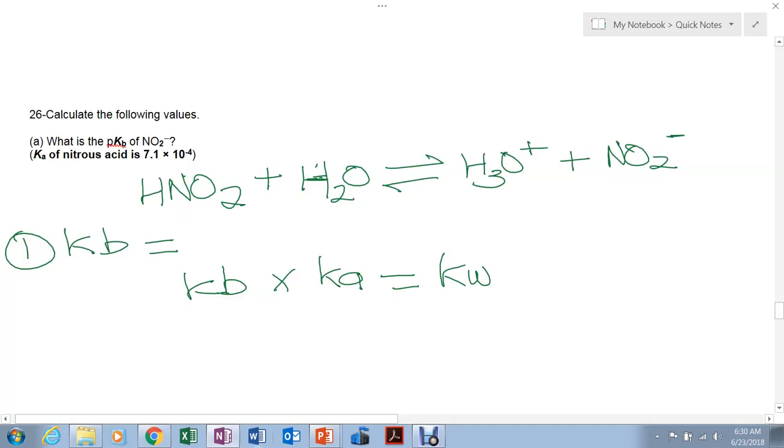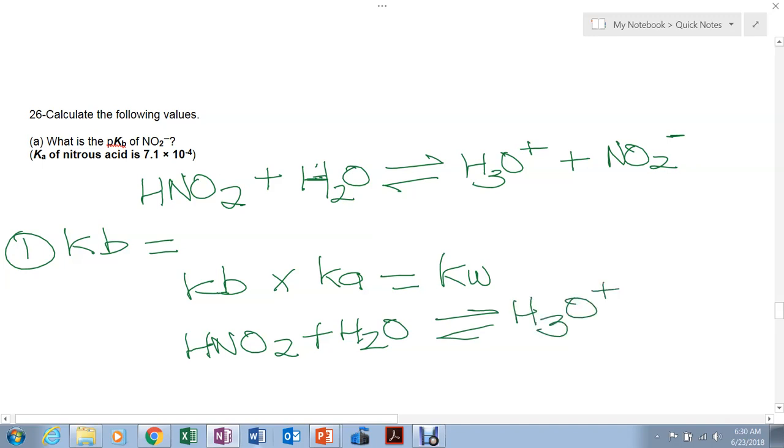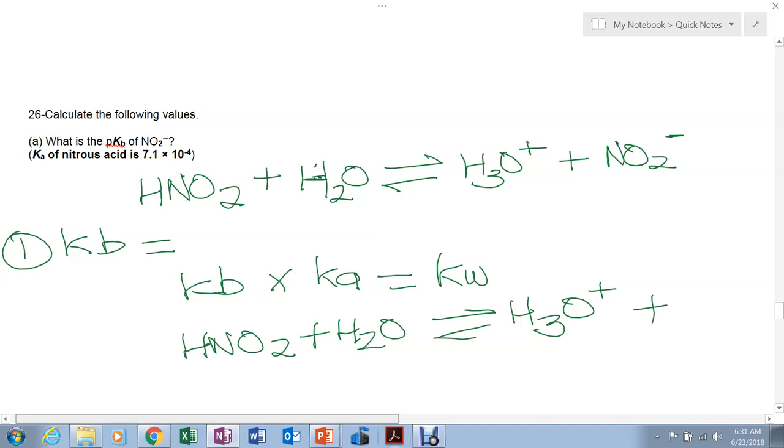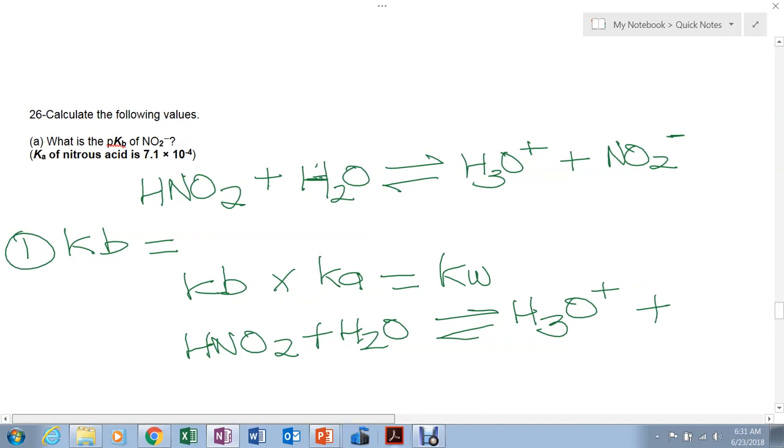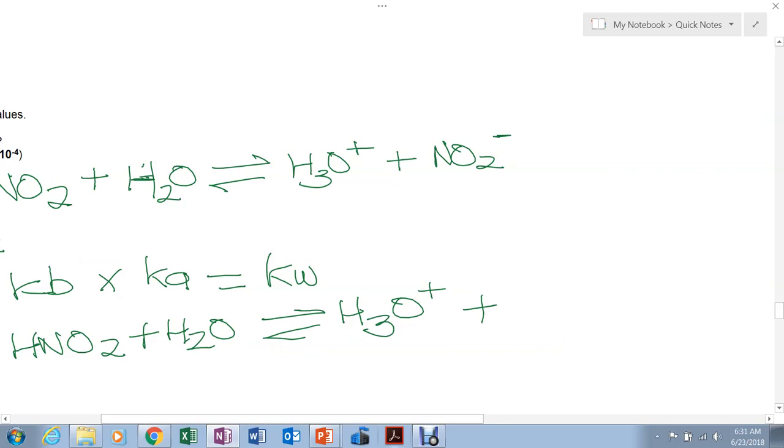And, I like to, this is the acid, okay? This H2O, hold on, the ionization of the acid, right? Because they're asking for the pKb and they're giving you the Ka.